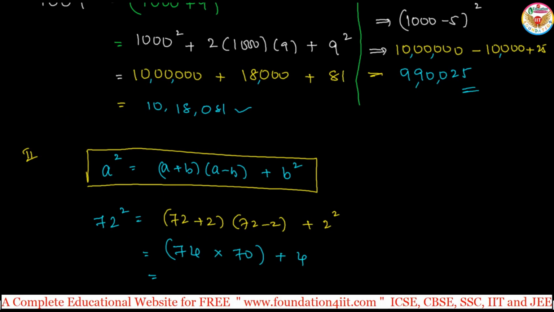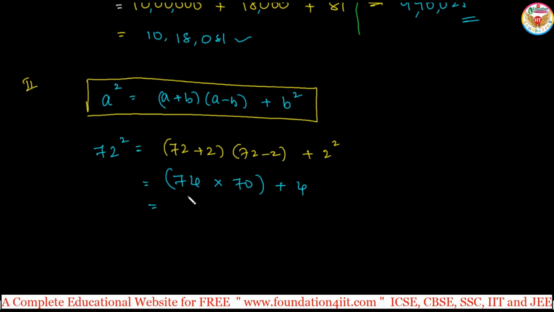This calculation is simple, 74 into 70, so the 0 is just asked, only multiply 74 by 7. Or if you want more simplification, 74 can be imagined as 70 plus 4. Take 70 into 70 plus 4 into 70. If you are unable to multiply this in mind, you just write it like this: 70 into 70 plus 4, plus again 4 into 70.